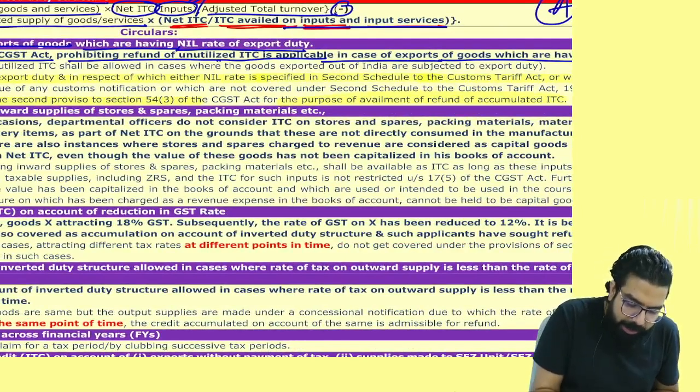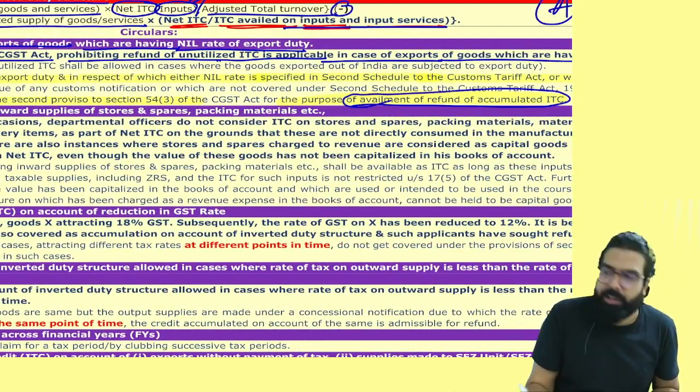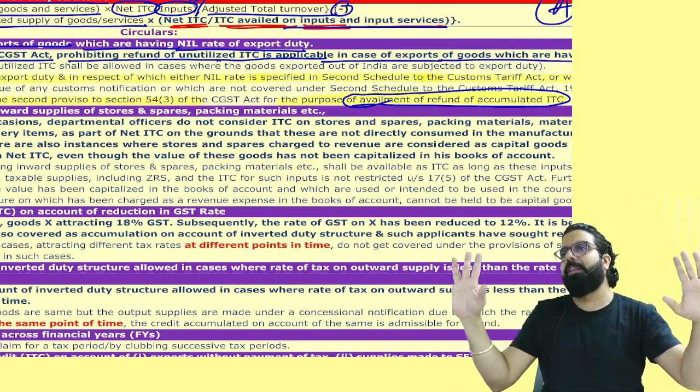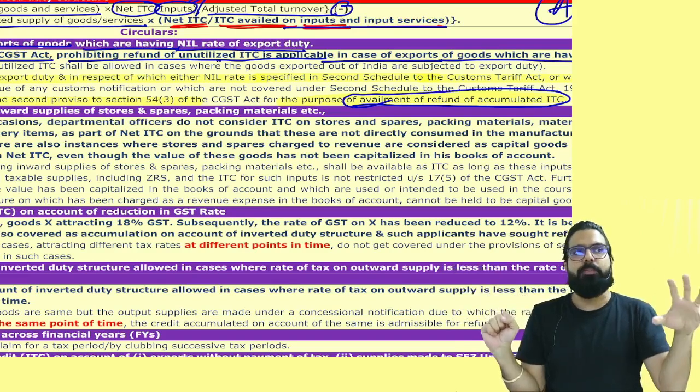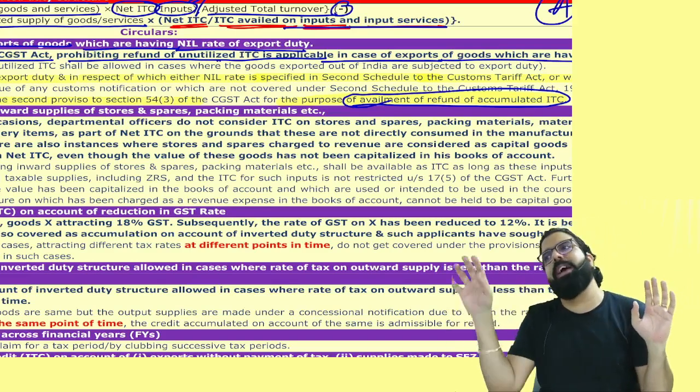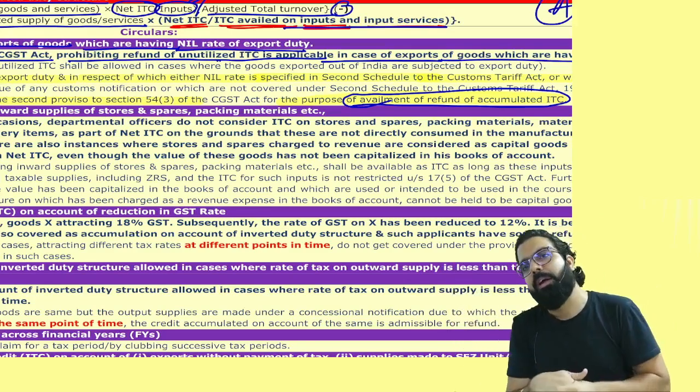Full accumulated ITC. You'll remember, if my goods pay export duty, no ITC refund. If my goods' export duty is nil, full ITC refund will be given. Full ITC means as per the formula, you can go ahead and claim the ITC refund.